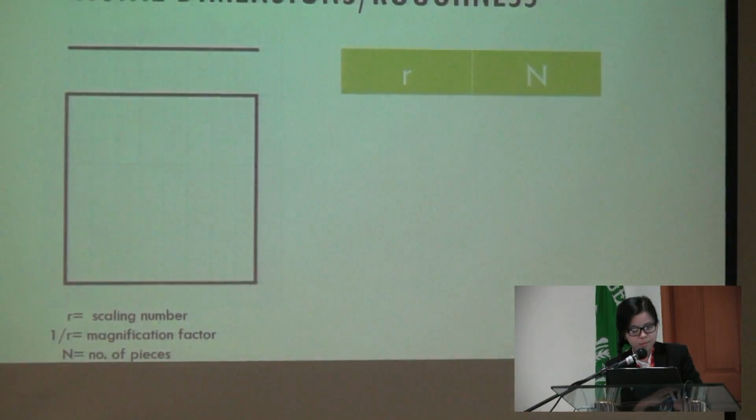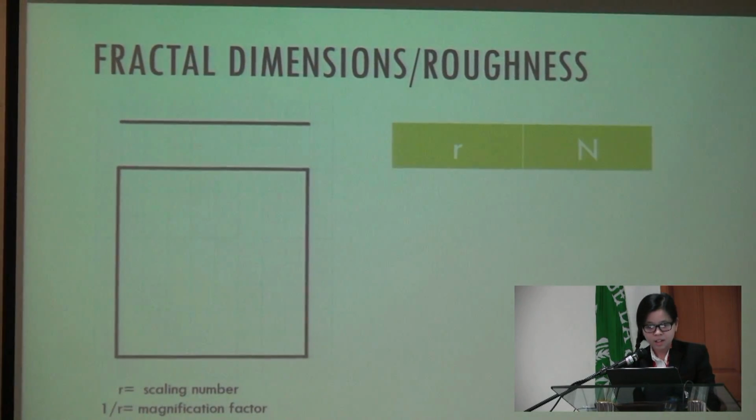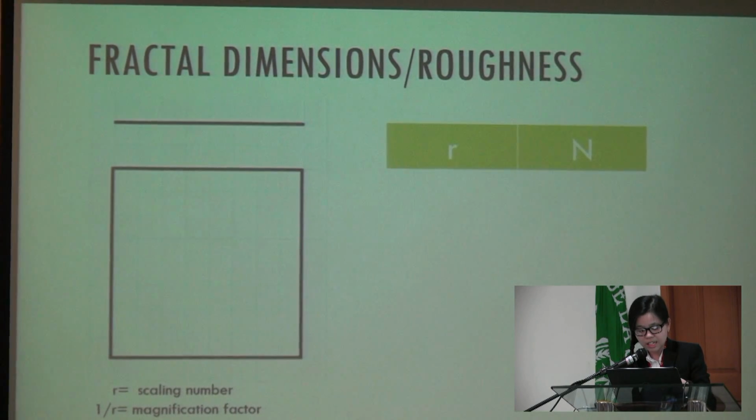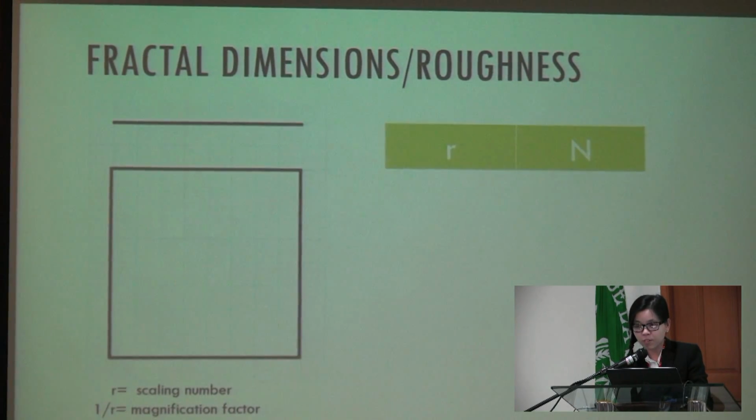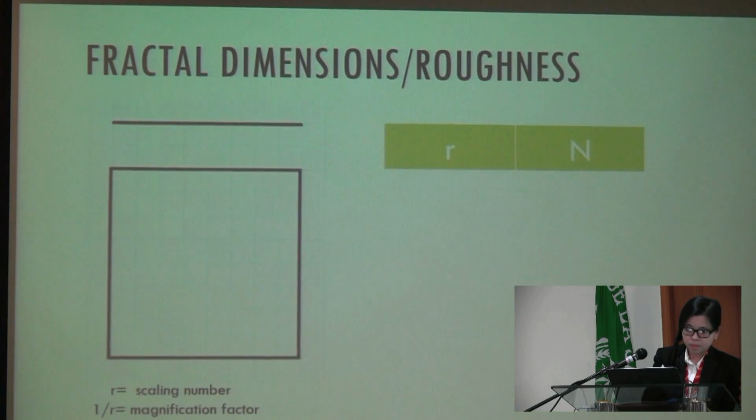So, I think I have enough time. So let's see how we can arrive at a formula to define dimension. Let's first focus on the first dimension, which is a line. Okay.